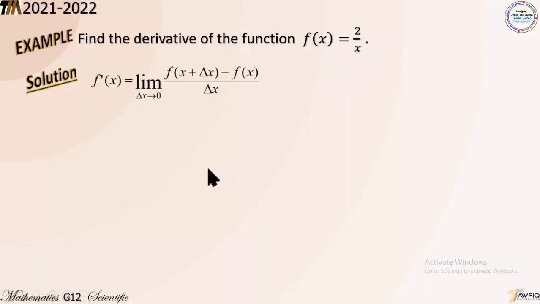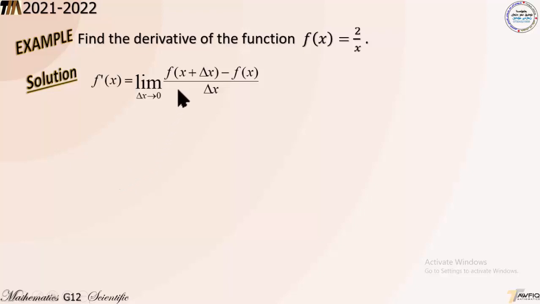Write the definition of derivative: f prime of x is equal to the limit as delta x approaches 0 of f of x plus delta x minus f of x, over delta x.